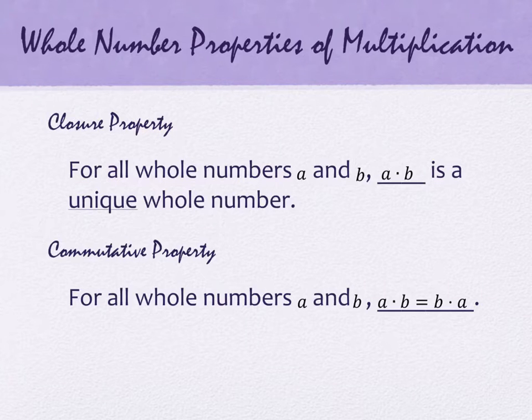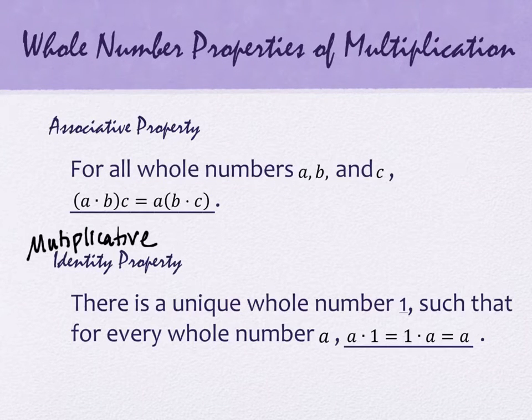The additive identity number or element is 0, but the multiplicative identity is the number 1. So for all whole numbers, whoa, I'm on the wrong screen. I thought it was over, there I was, I just pushed the button. Okay, there we go. For all whole numbers, A, when I multiply by the number 1, it doesn't change the value. So A times 1 is the same as 1 times A, which is A. So the multiplicative identity.